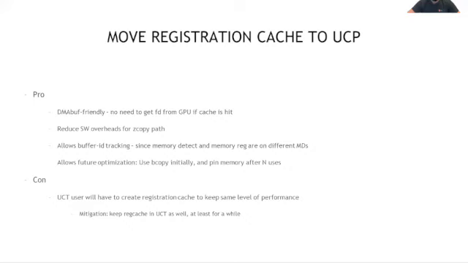It means that if some UCT users want zero copy and a good level of performance, they would need to create and maintain their own registration cache. But we do have the facilities in UCS to do that. For the time being, we probably can keep both registration caches, and we first search in UCP, and only if it's missed, we also search in UCT. It would add the overhead of an additional data structure, but probably would not hurt the actual performance.